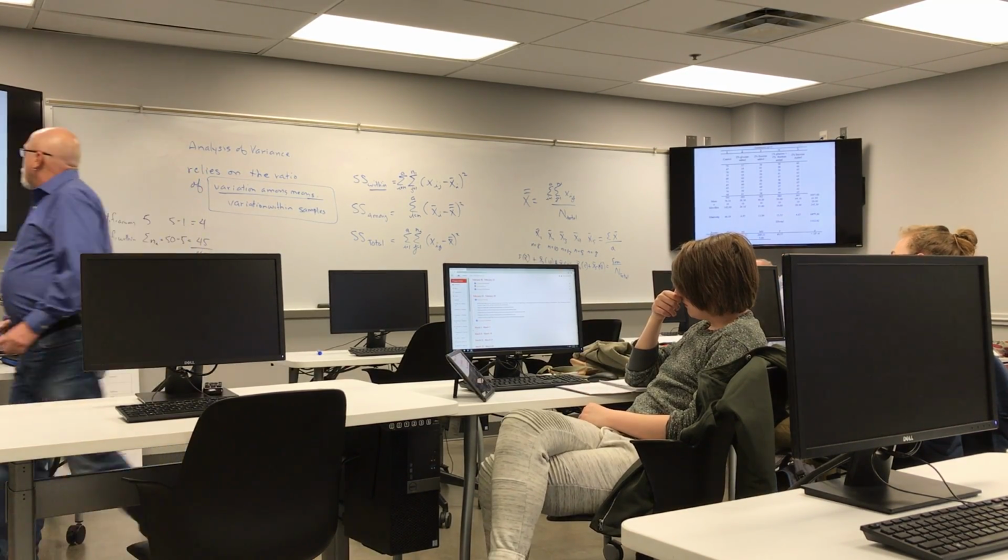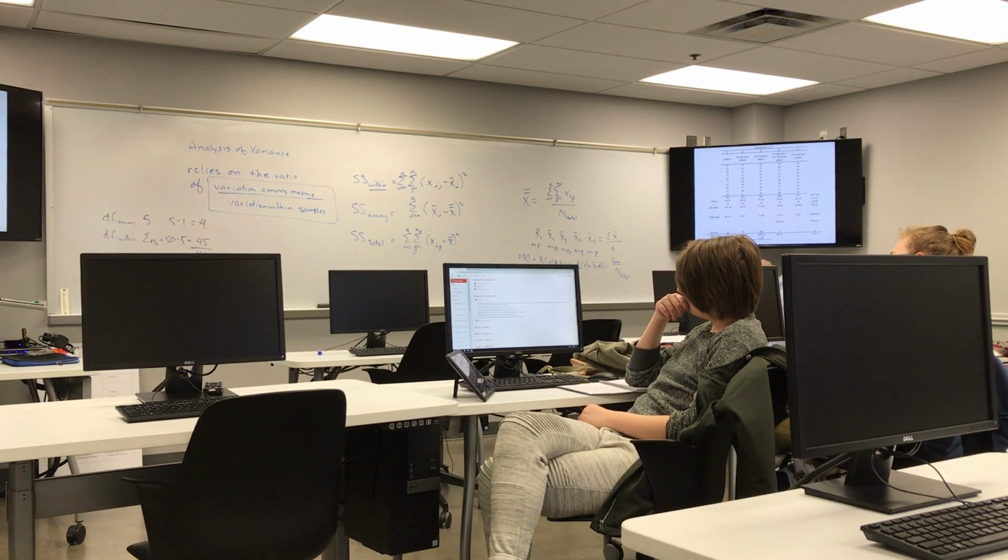Then what you would do to get the sums of squares among, you simply take 70.1 minus the grand mean, 61.94 squared, which should give you 66.59.